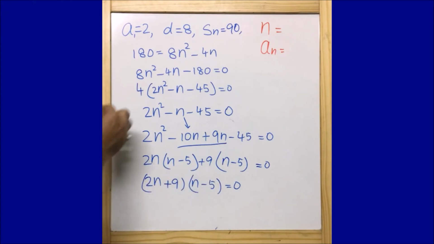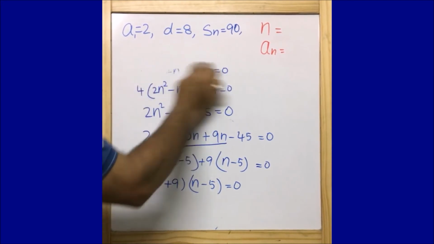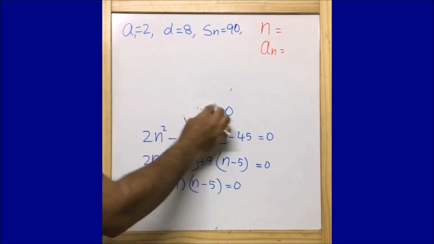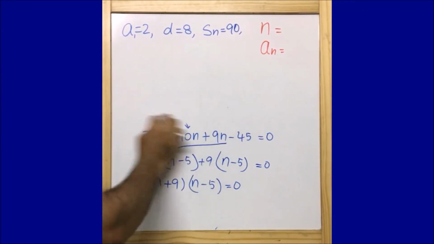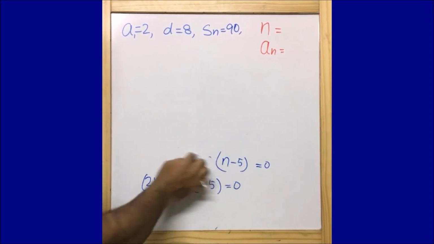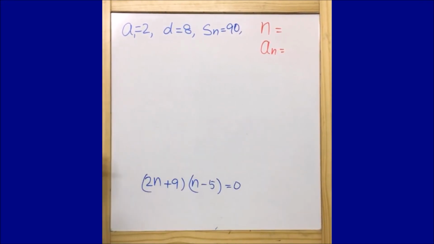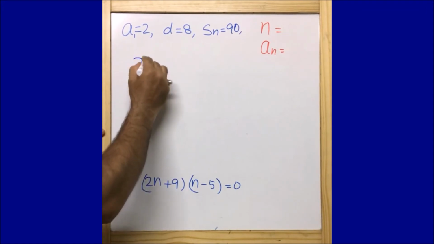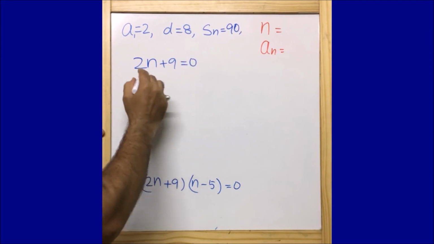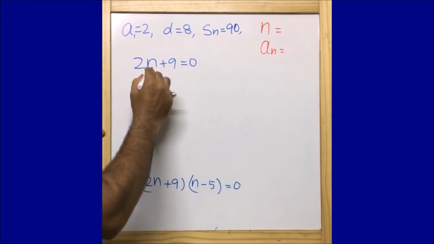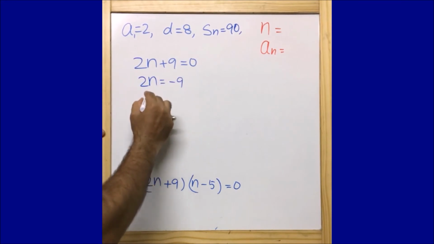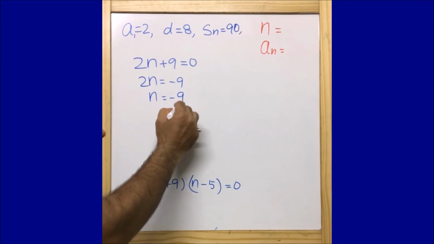Now let us consider each of the two parts, because this is one part and this is one part. If you remember how we used to solve this type of equations, I can write 2n plus 9 is equal to 0 as one equation, and let us first solve this one. 2n plus 9 is equal to 0, or 2n is equal to minus 9, or n is equal to minus 9 by 2.